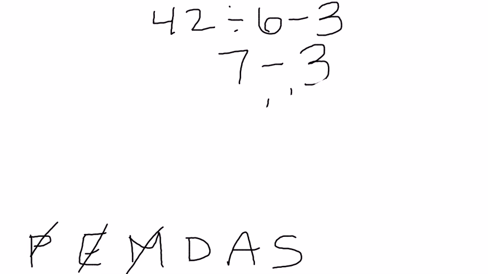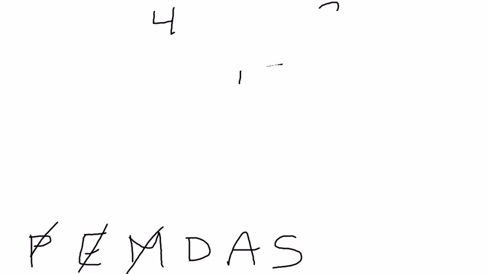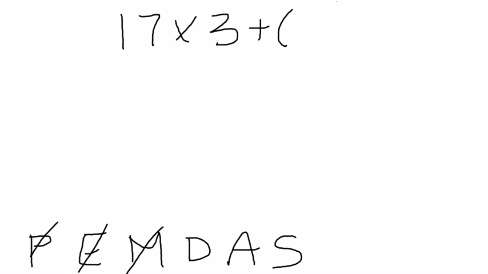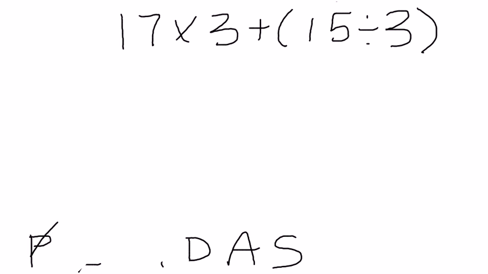So we're going to erase this one. We're going to try one that's a little bit longer. So 17 times 3 plus 15 divided by 3. So we are going to check at the bottom. We'll erase this right here.